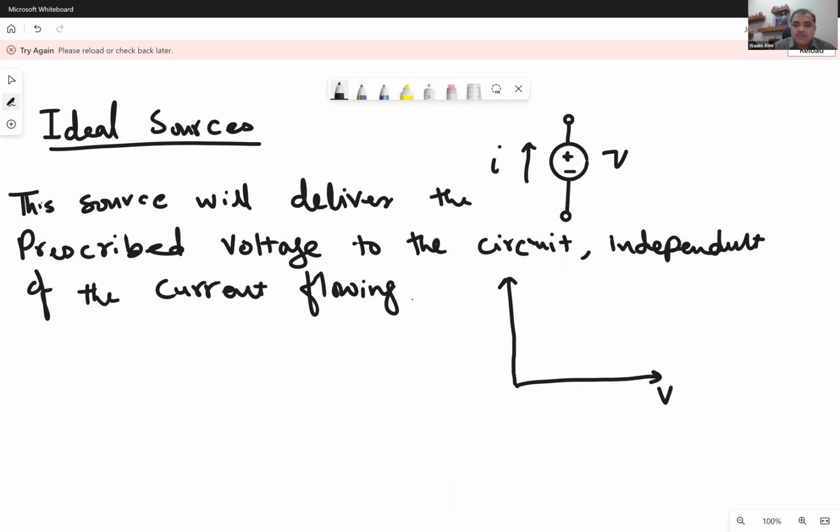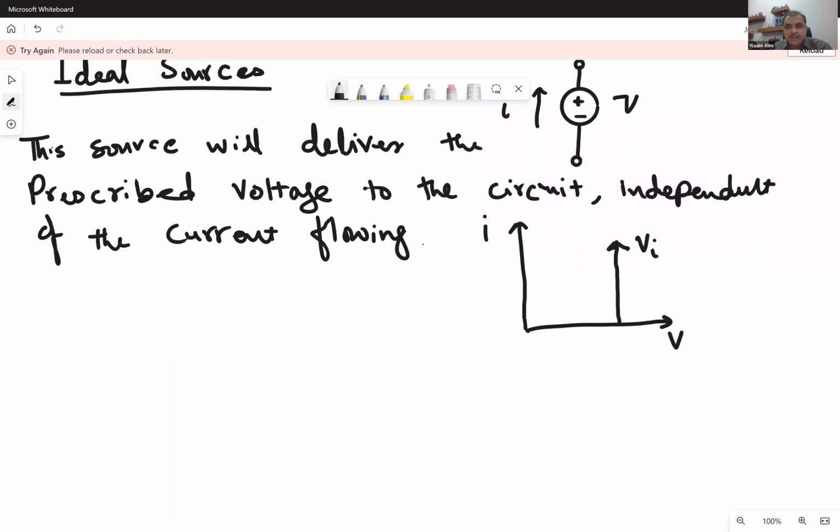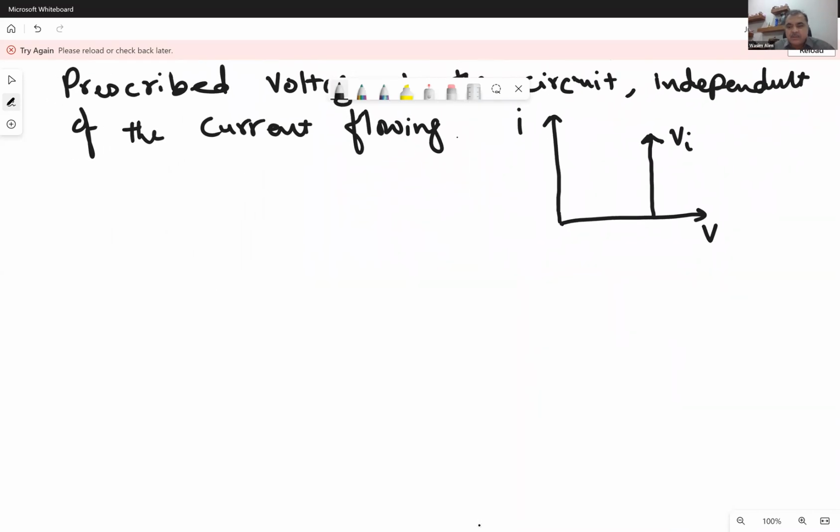So your V and I. Depending on where the voltage level is, you will have some voltage shown here. Okay. So for example, this could be V sub I. Okay. That's the quantity. Again, an example would be a 12-volt battery, a typical example.